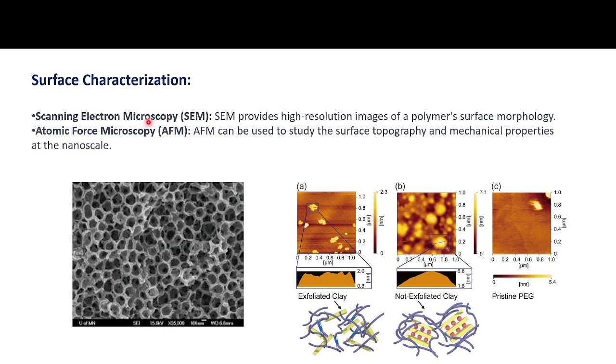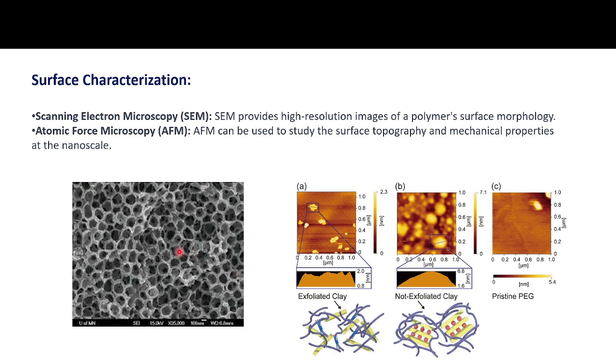The scanning electron microscope is also a microscope, but its resolution is very high, so we can see the nanometer or micrometer region, whereas a normal microscope goes to the millimeter region. In the scanning electron microscope, an electron beam is used to get the picture of our polymer sample.